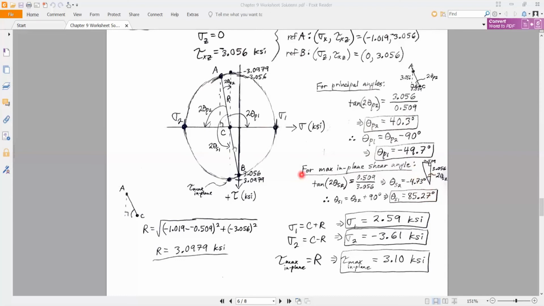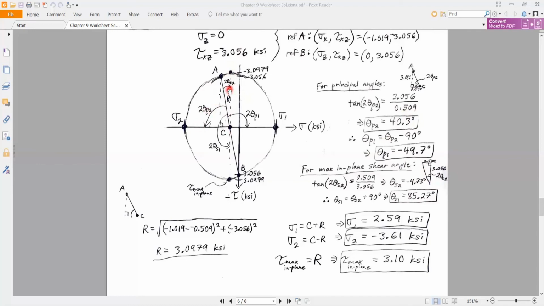Here I also found theta S2 from this triangle. Inverse tangent of this opposite over adjacent is going to give you theta S2 is negative 4.73. You can see that 4.7 plus 40.3 gives you 45, which matches up with the 90 degrees that we're going from our negative max in-plane shear to our sigma 2.